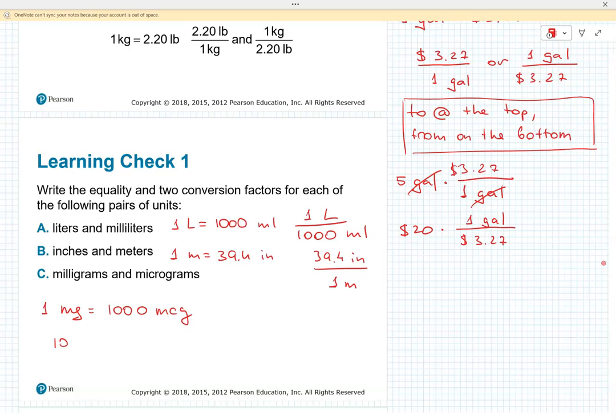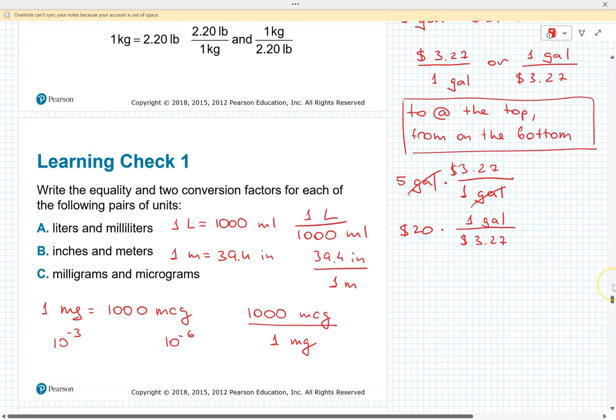You're absolutely correct. 10 to the negative 3 is milli. 10 to the negative 6 is micro. The difference between them is 1,000 times. Does everybody follow? And you can write the conversion factor something like 1,000 micrograms comprise 1 milligram. Cool?